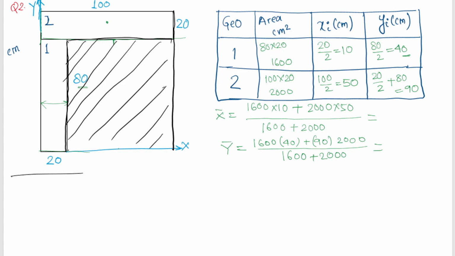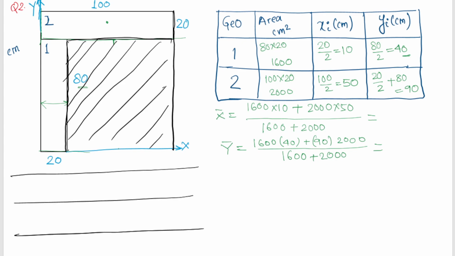Let's make a table. So number of rows again will be 3 and number of columns will be 4. Geometry, area, centimeter square.